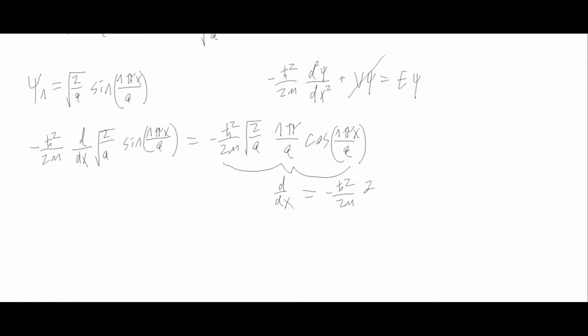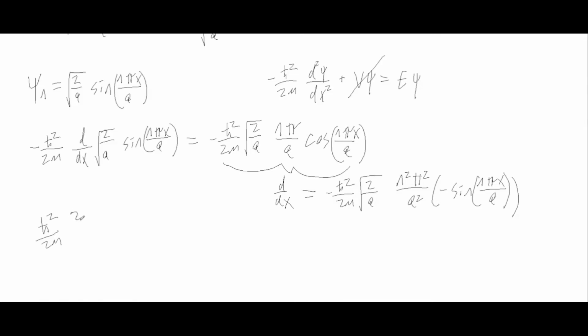We still have the square root of 2 over a here, but now we are pulling this out and multiplying again, so we have n squared pi squared over a squared, and the derivative of cosine is minus sine, so I'll put that here, minus sine of n pi x over a. And we see here, we have this minus here and this minus here, so that becomes a positive. And so I'll start over here, we have h bar squared over 2m.